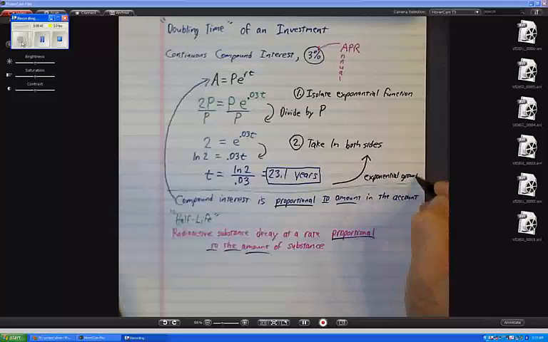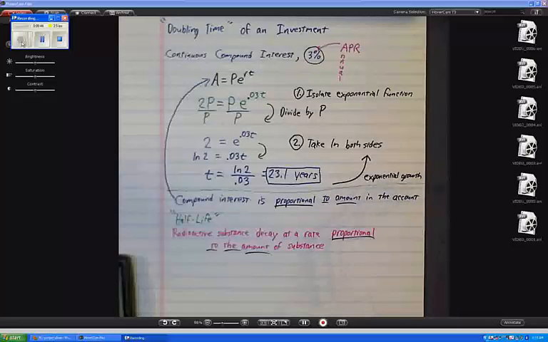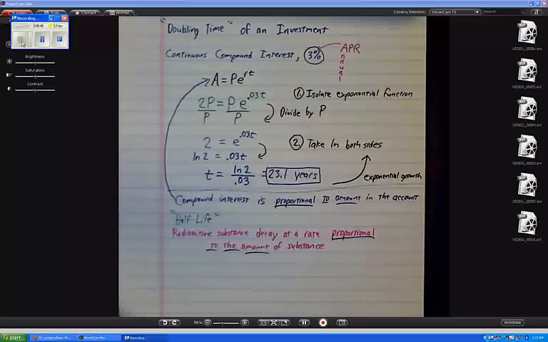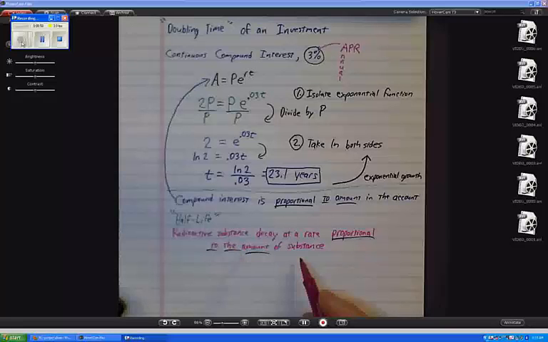Okay? Well, the reason half-life works is because radioactive decay is also proportional to the amount of substance you have.